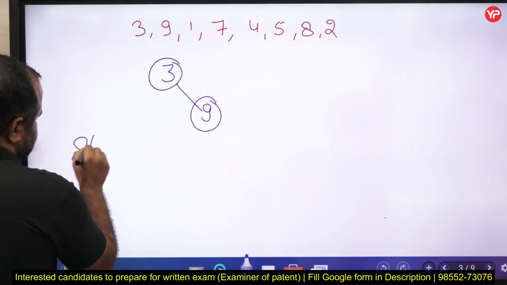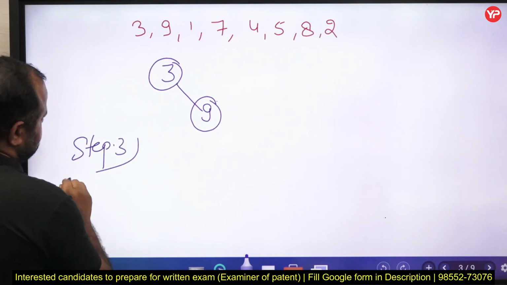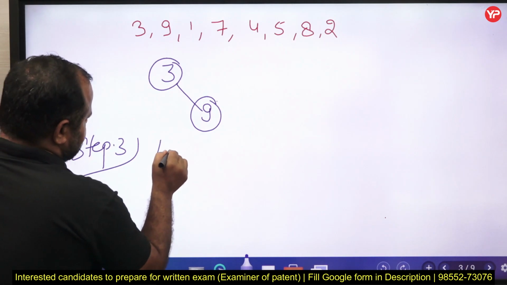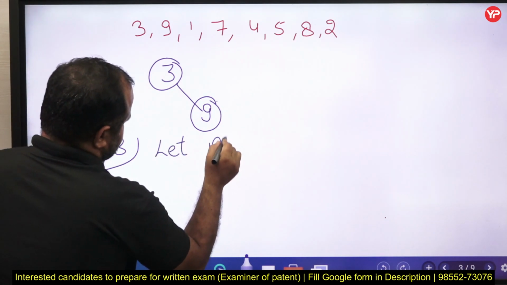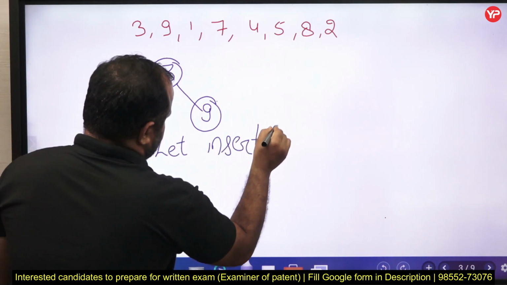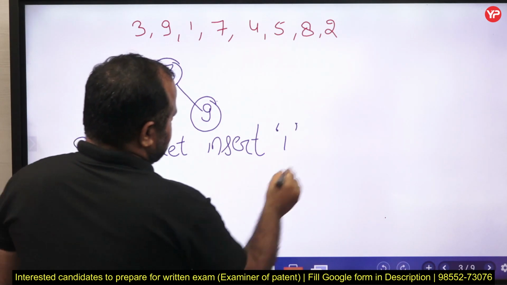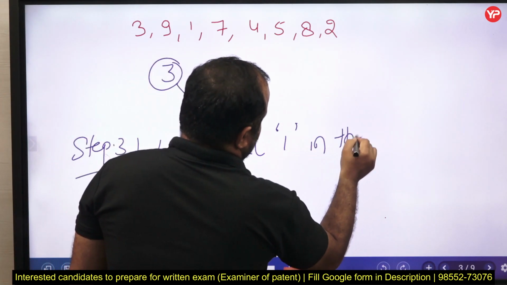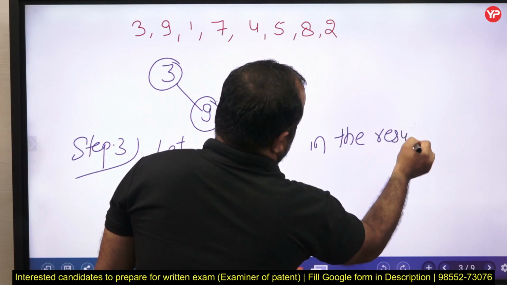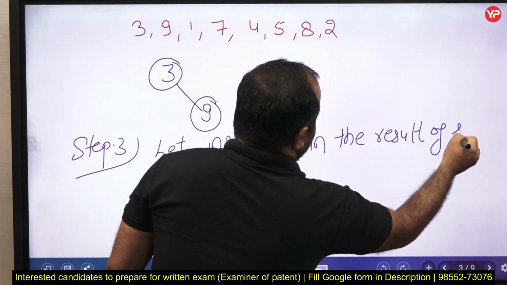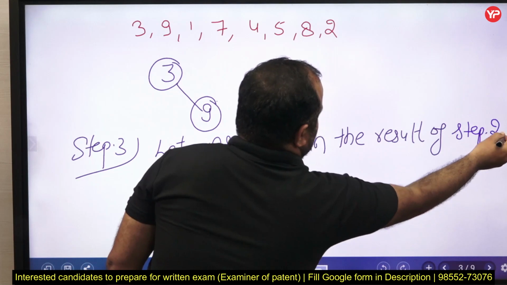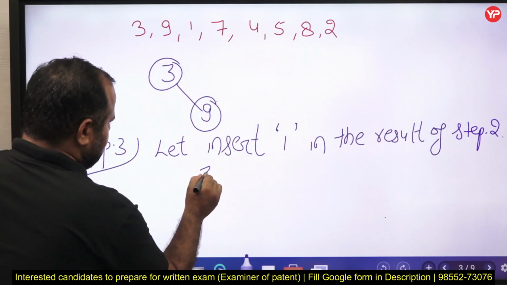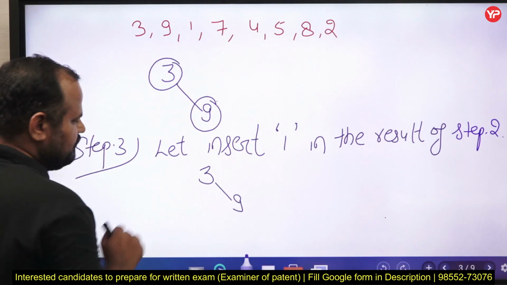Step 3. Insert 1. Let us insert 1 in the result of step 2. So 3, 9 is the input for me.